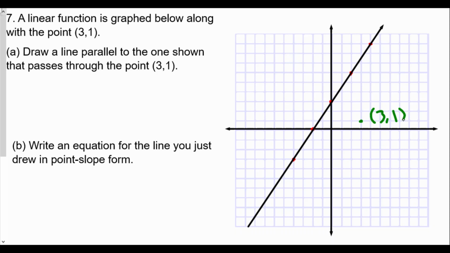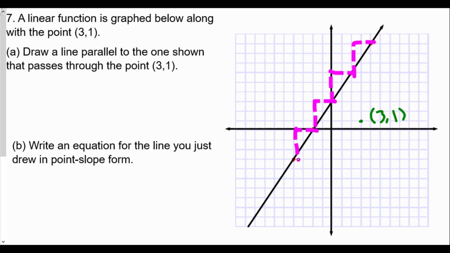To do that, we want to figure out our slope here, and then plot other points on our line parallel to the given line. The slope of this line looks like we're going up 3 and right 2, or left 2, down 3.